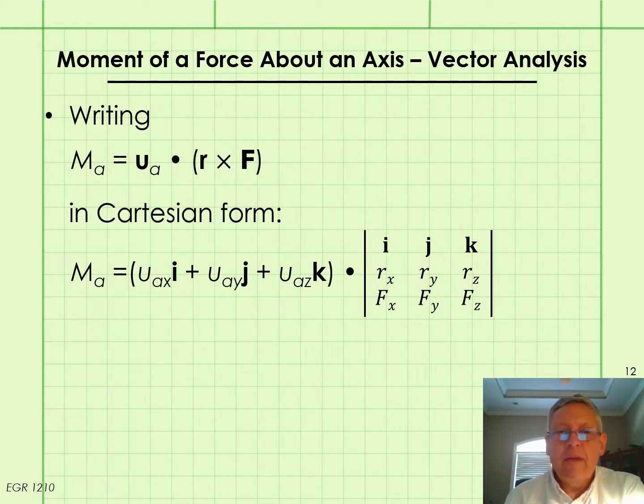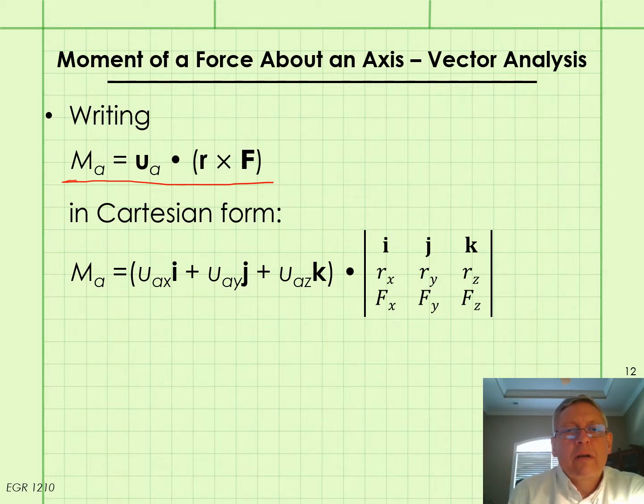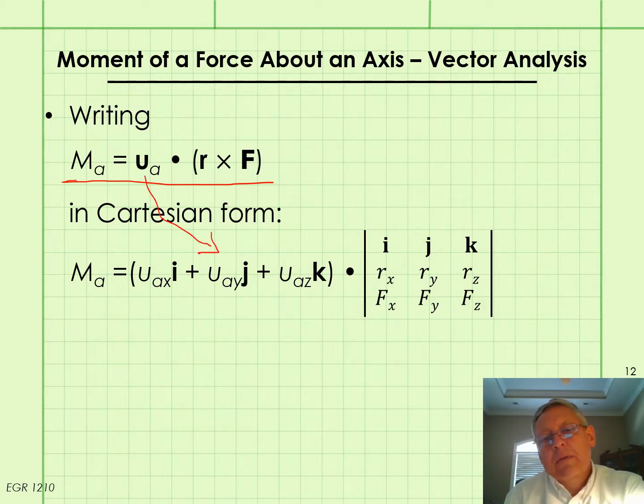Now let's write that previous equation that I've shown again here. Let's write that in Cartesian form. So the unit vector becomes expressed in its i, j, and k components, and r cross F we can express as a determinant.